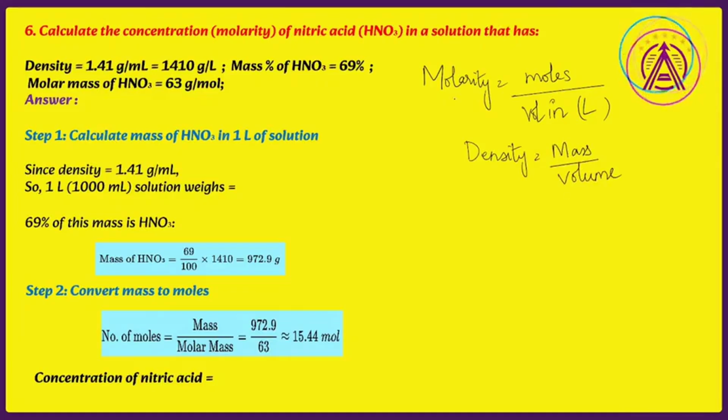Now density is 1.41 grams per ml. So if you convert it to liters, you multiply by 1000. Okay, so I get 1410 grams per liter. So in 1 liter, basically my volume is 1 liter, my mass is nothing but 1410 grams. Correct?